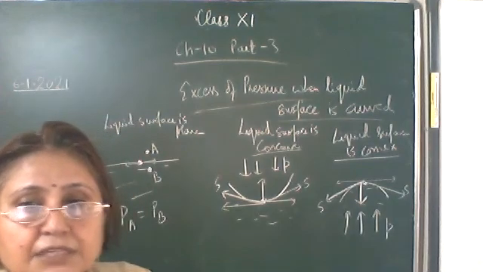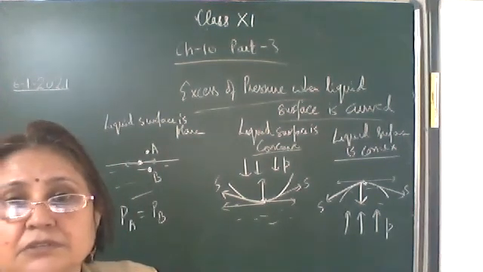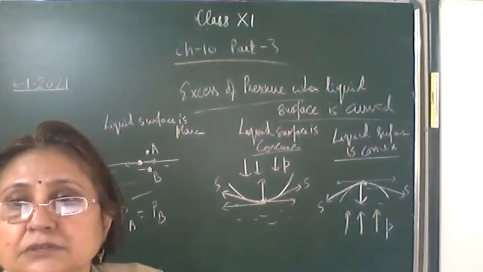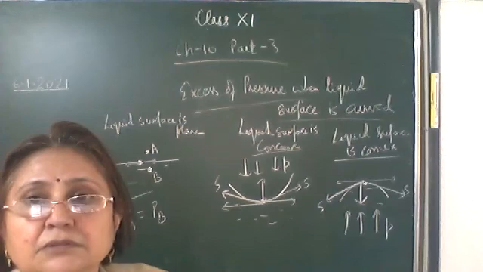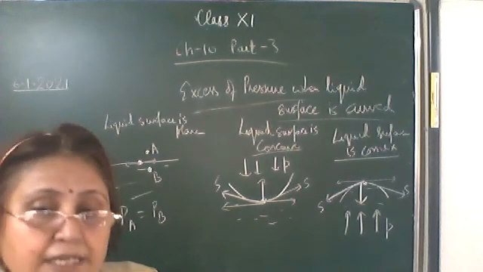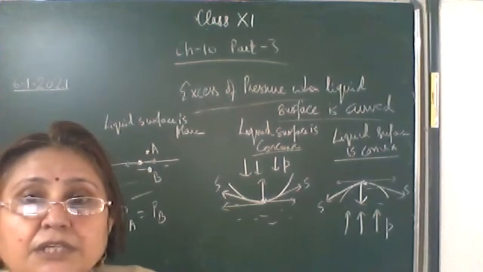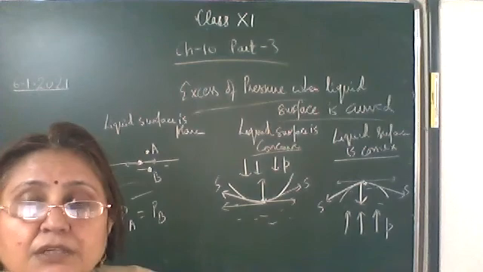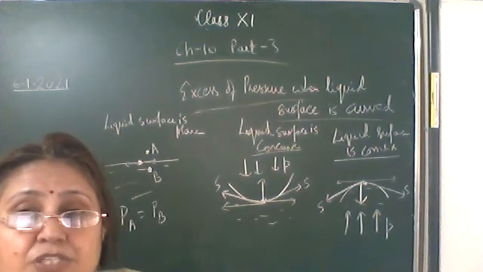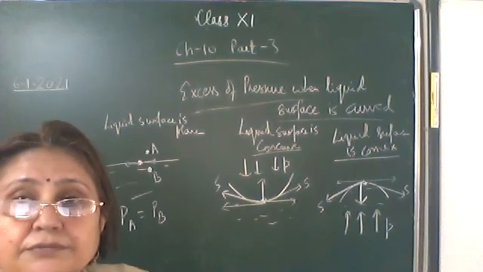By the time I take your attendance, draw all the three figures. Now which side is the excess of pressure? It is acting towards the concave side. We will use this in deriving the expression of excess of pressure inside a liquid drop.